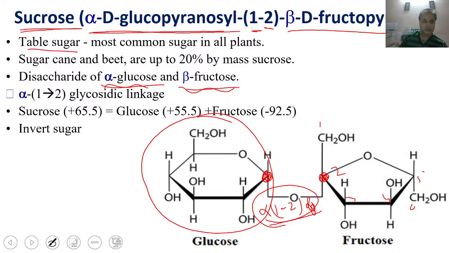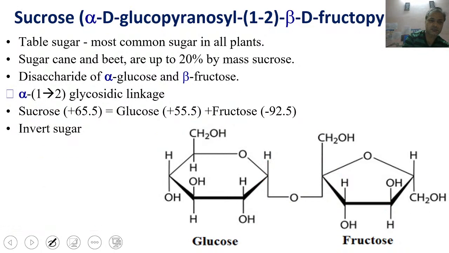Sorry. Now, one important thing in the case of sucrose is that it is called invert sugar. Why is it called invert sugar? If you look at the optical rotation of plane polarized light, sucrose has a rotation of plus 65.5 degrees, that is positive, meaning right-handed side.